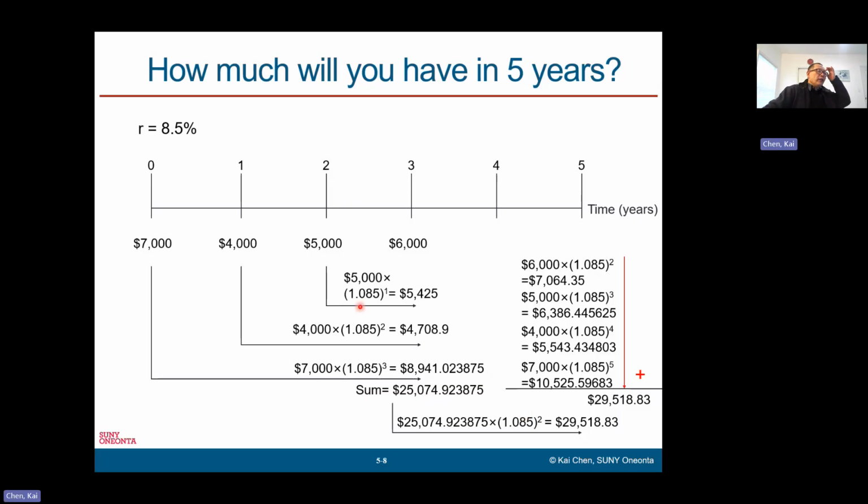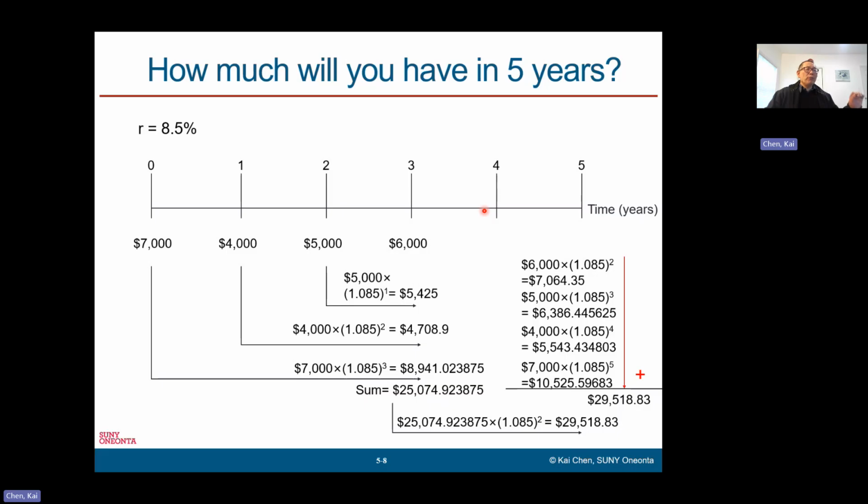What can we learn from this extension? For example, you want to know at the end of year 4, how many dollars will you have? You don't want to wait for 2 years.